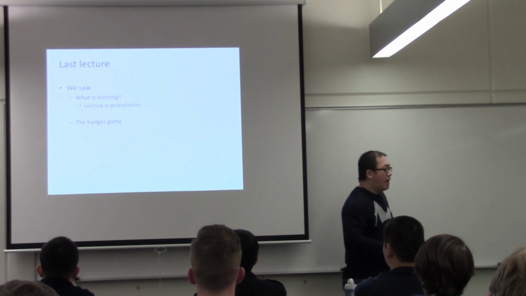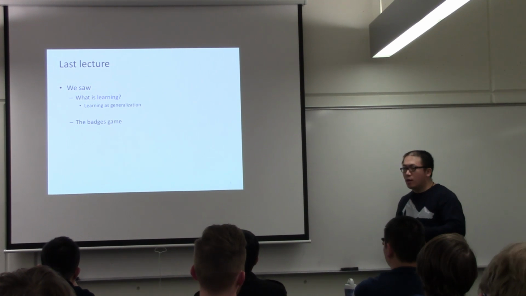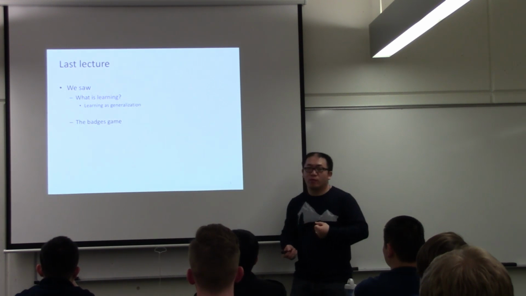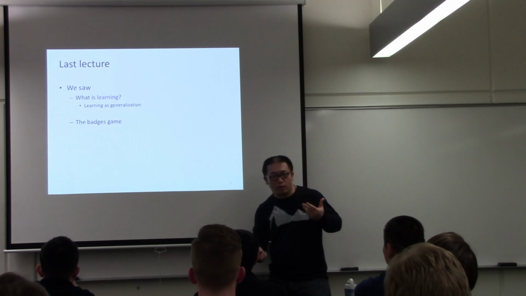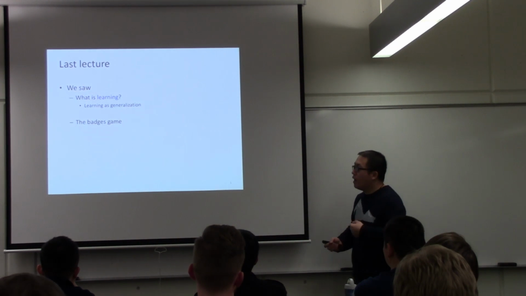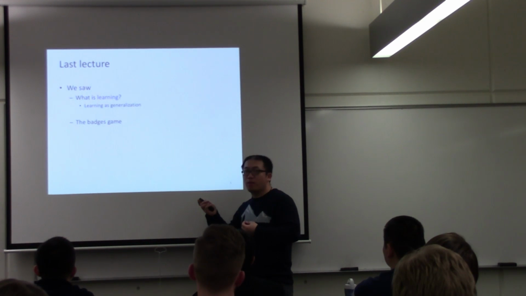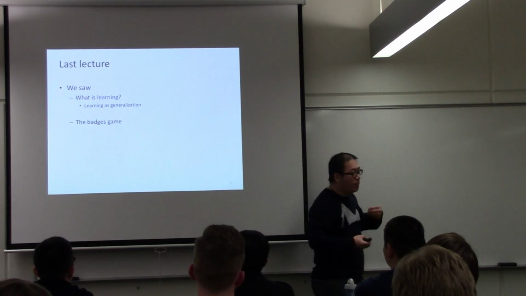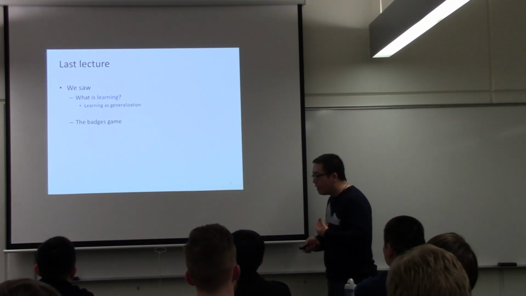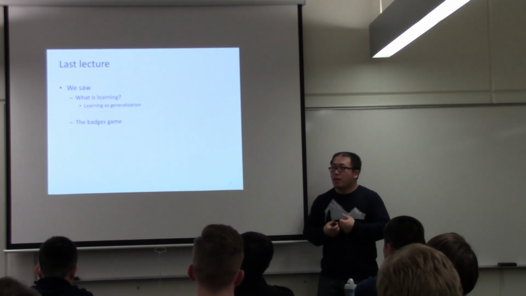To have a concrete feeling about how a learning process proceeds, I introduced a simple badge scheme. At a computational learning conference, maybe 20 years ago, every attendee was required to play this game, and every attendee received a badge with their name labeled with a positive or negative sign, and no one knows what the underlying function is.